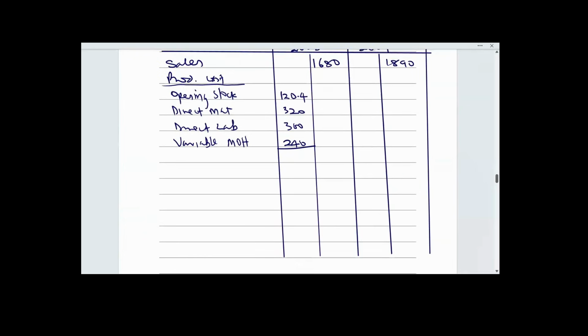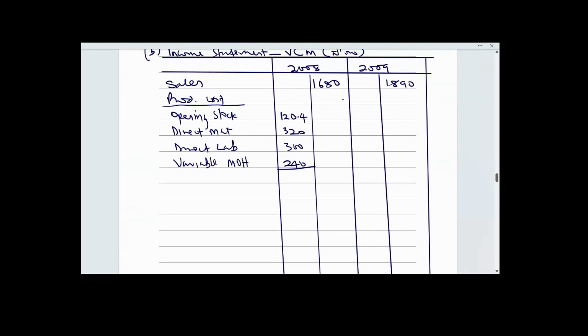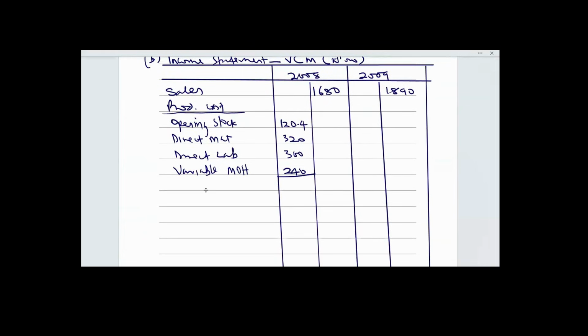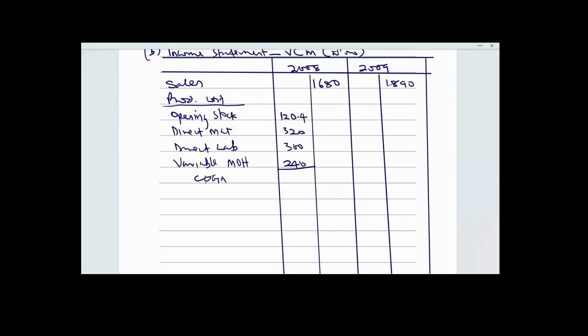Remember, we are using marginal, so you are not going to include fixed manufacturing overhead. So give it to me. What do you have here as your cost of goods available for sale? 980.4.